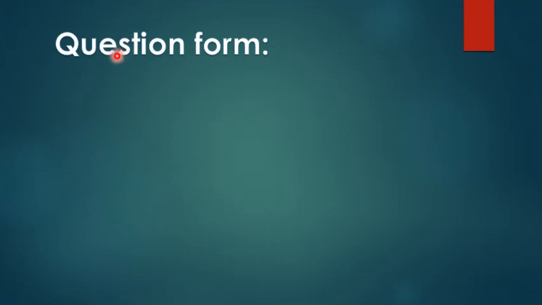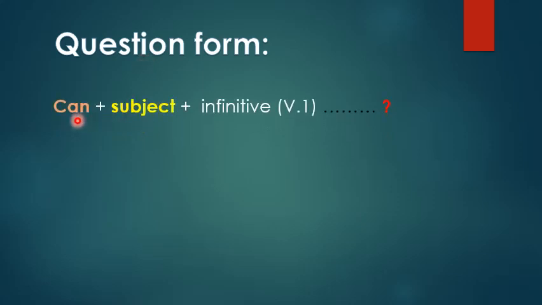Let's talk about the question form. Question form حالة السؤال. Here we add can at the beginning. هنا نضيف can في بداية الجملة plus subject زائد الفاعل plus verb 1. And we don't forget the question mark.